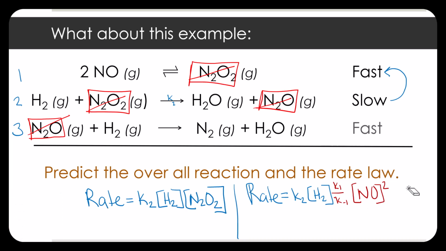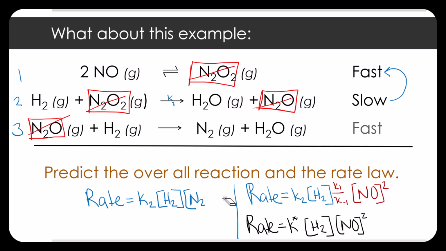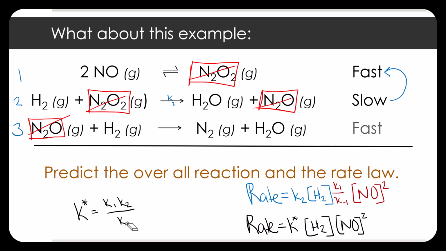If I were to clean up this mess, I would have rate equals k asterisk, or you could just write it, times H2 times NO squared, and then a little legend over to the side that says k asterisk means this and this combined.